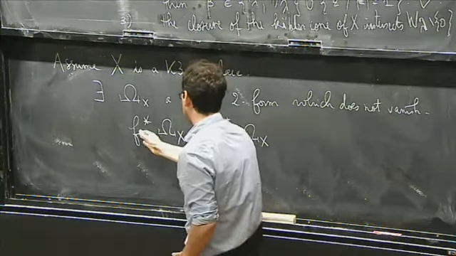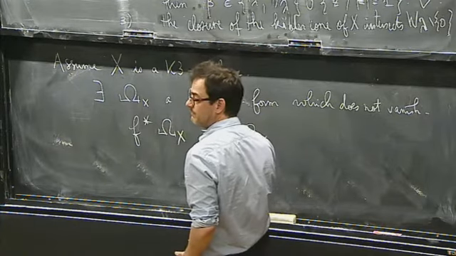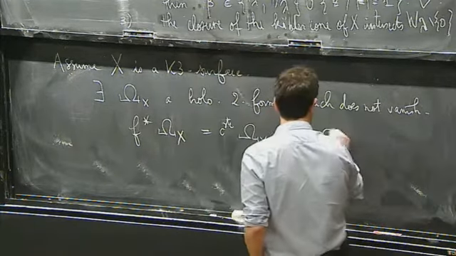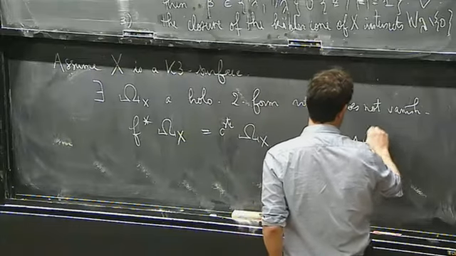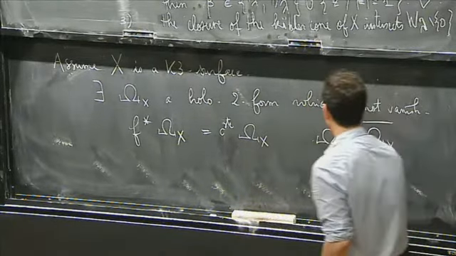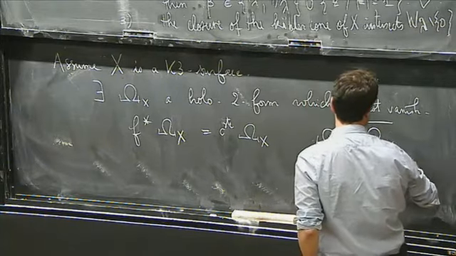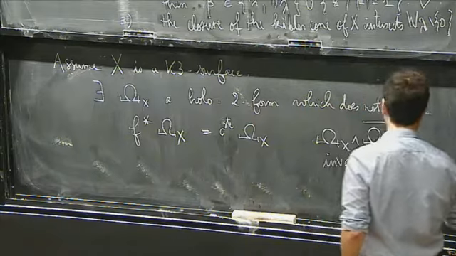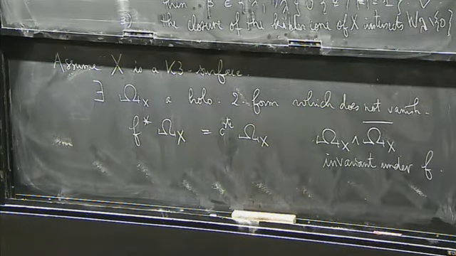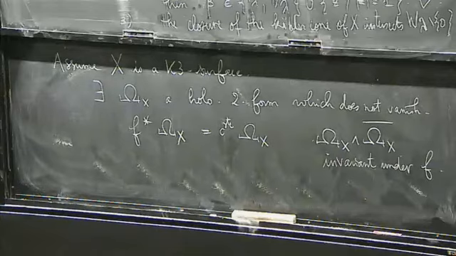And since f has topological degree 1, the absolute value of this constant is 1. So this means that this volume form is invariant under f.